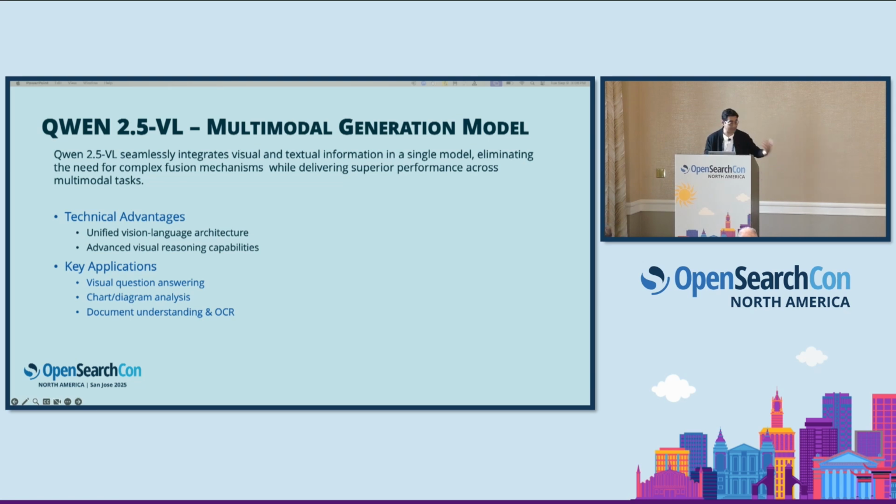You can give it a text input, you can give it a visual input, and I'll actually do a demo, and you'll see what I'm talking about. It is a unified vision language architecture, so it has a lot of advantages. It can be used in visual question answering, chart diagram analysis, and document understanding.